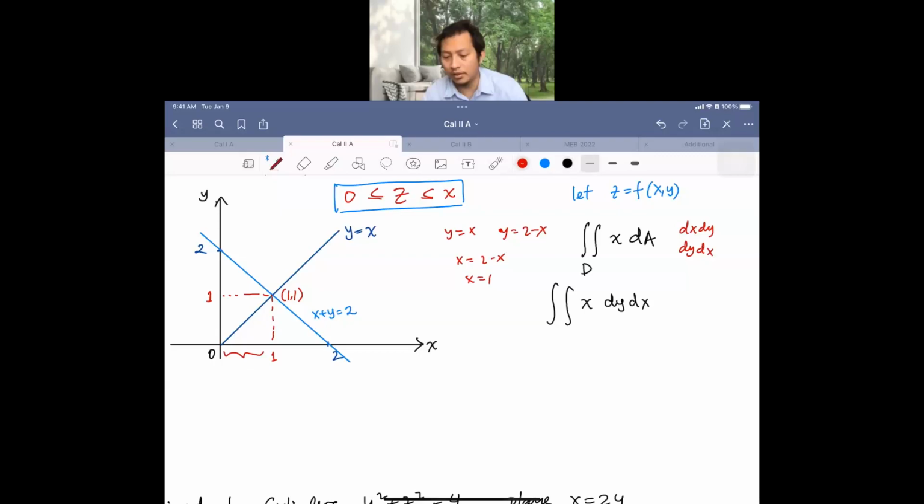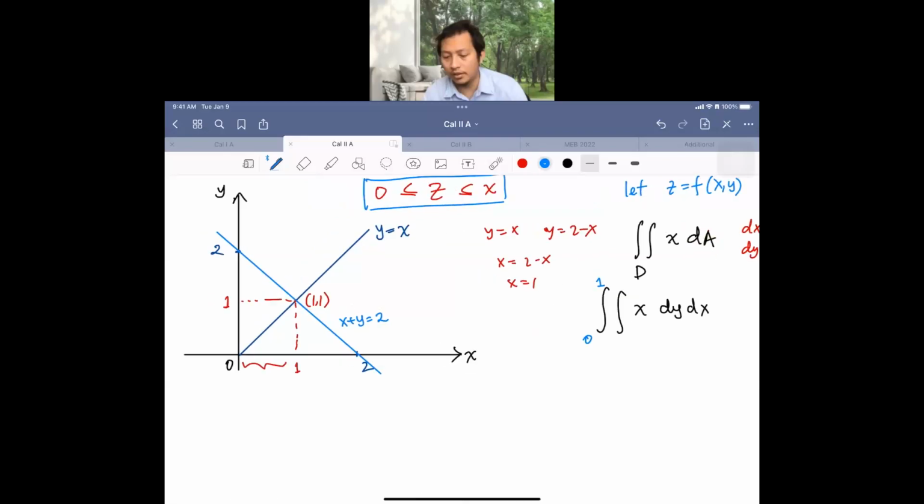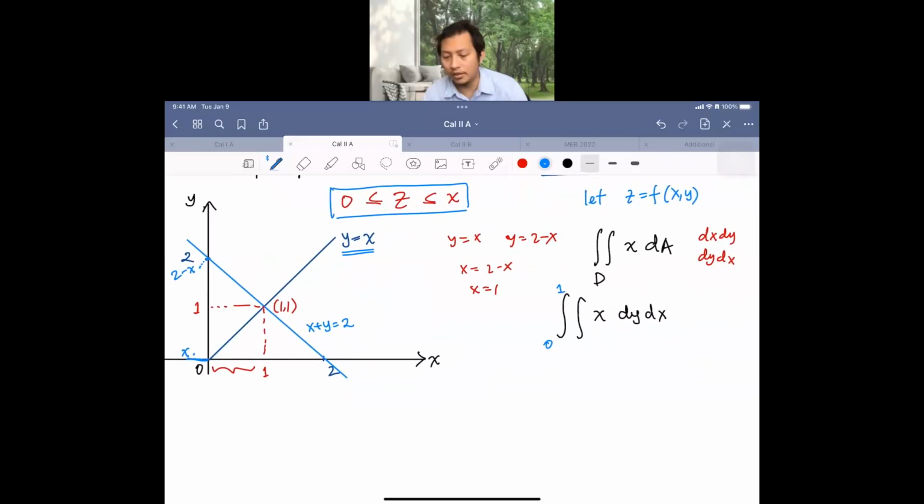So we would have dx from 0 to 1 as the outside integral with constants, right? And the inside integral should be y. So y should start from y equal x, and go to this line here, which is 2 minus x, right? So from x to 2 minus x. That will be our double integration.